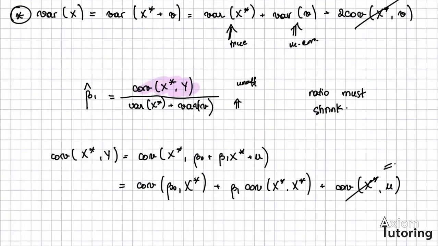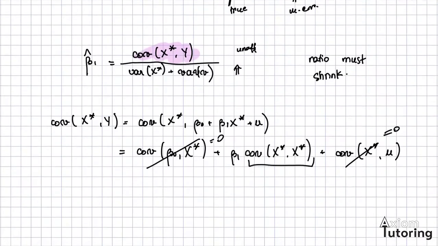We already now know this is 0, this is also 0, and covariance of x star with x star, that's just the variance. So this is beta 1 variance of x star.